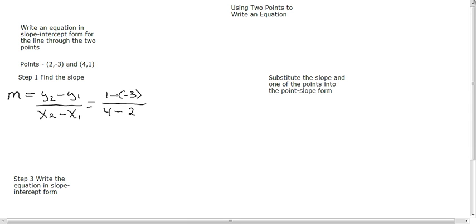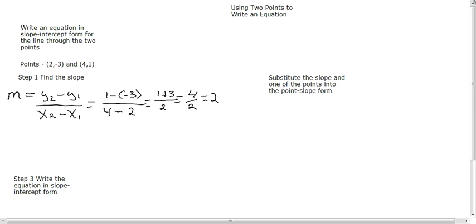So when we change this up, that becomes 1 plus 3, same opposite, over 4 minus 2, which is going to give us 2, and that's going to equal 4 over 2, which is going to equal 2.